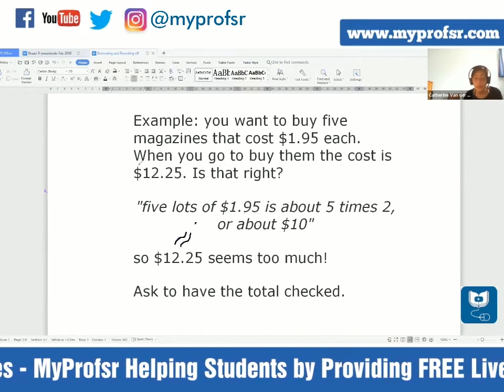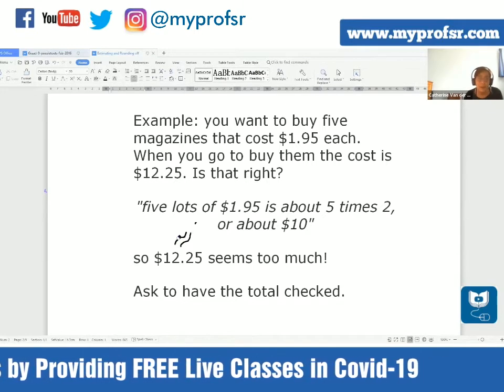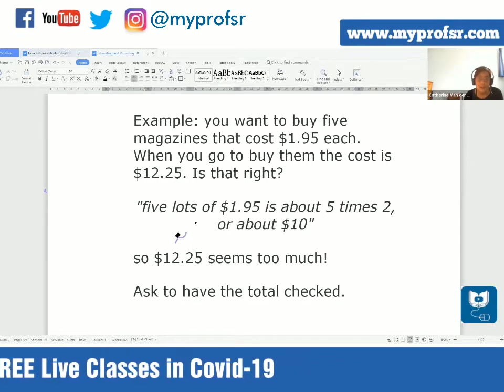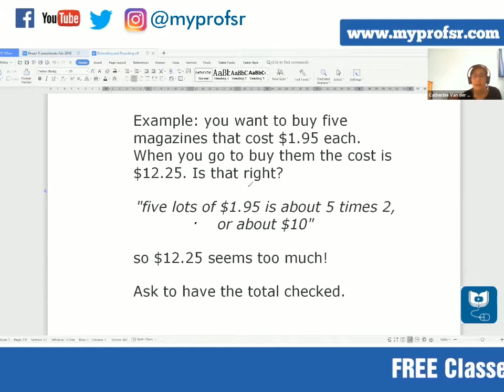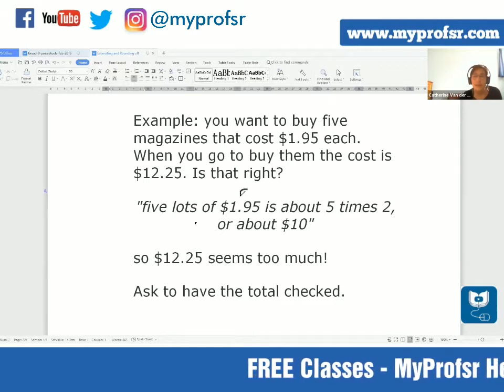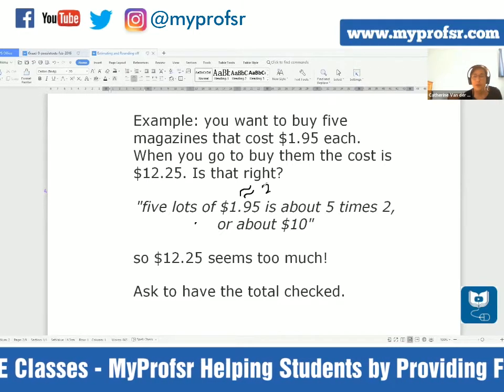Sorry, no, not the 12. Let me just, I'm getting a bit confused here. So the $1.95 is approximately $2.